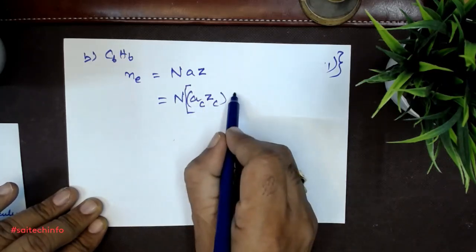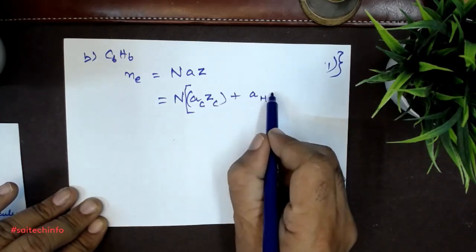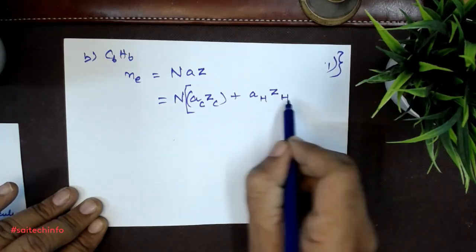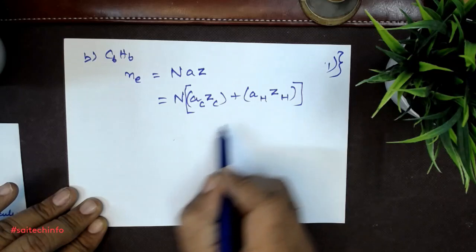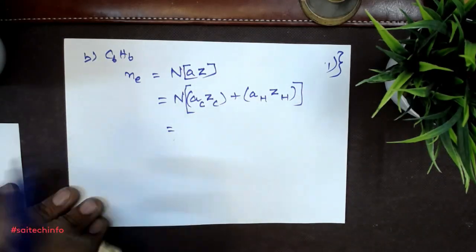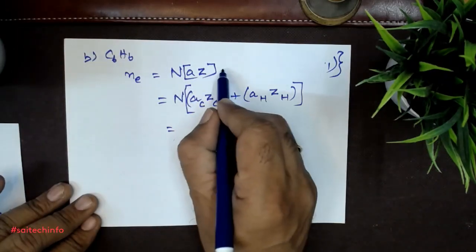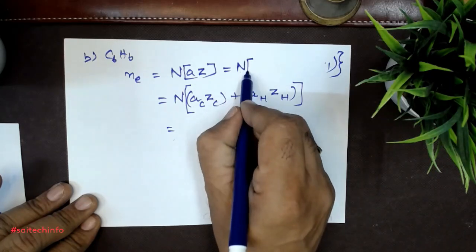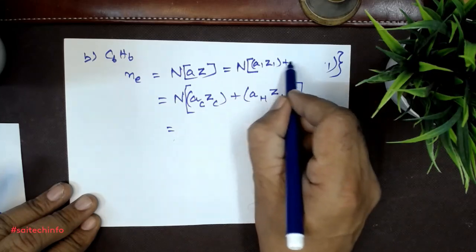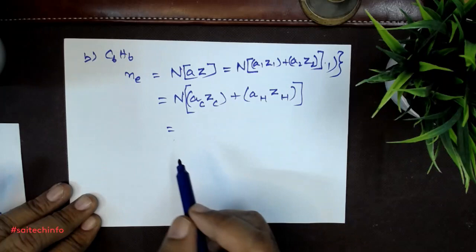So you can put plus. Similarly, atomicity of hydrogen into atomic number of hydrogen, okay. So likewise you have to proceed. So that is equal to N A Z if it is of one type. If it contains 2 different types, that is N into A1 Z1 plus A2 Z2, likewise it goes, okay.